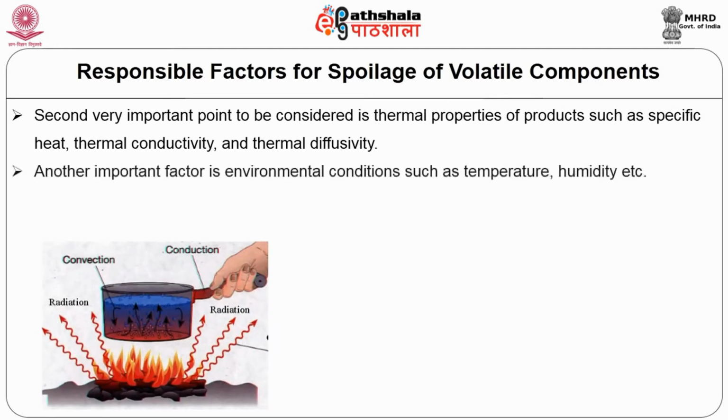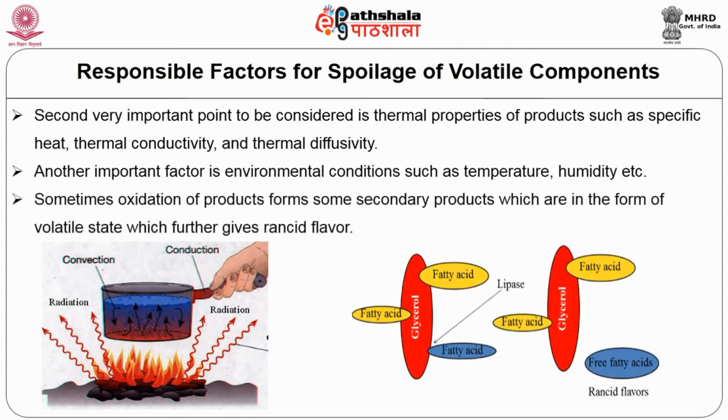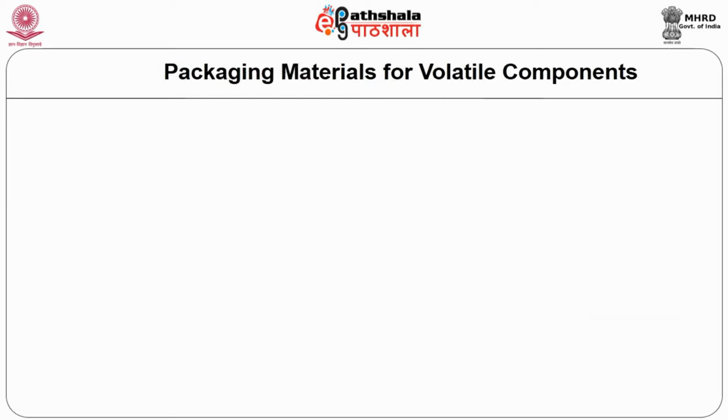Another important factor is environmental conditions such as temperature, humidity, etc. Sometimes oxidation of products forms some secondary products which are in a volatile state, which further gives rancid flavor. Now we will look at packaging materials for volatile components.